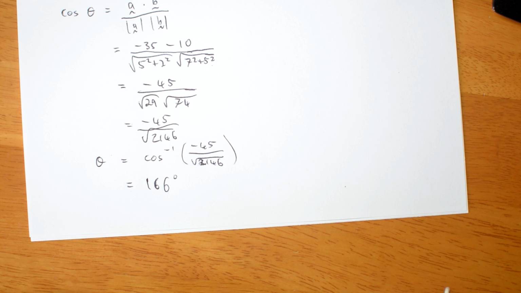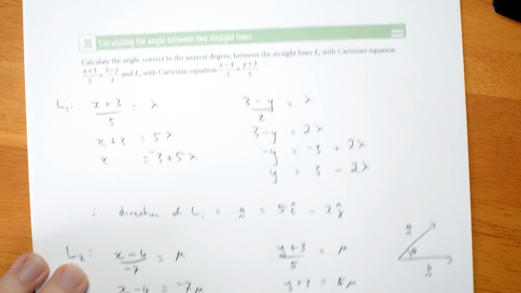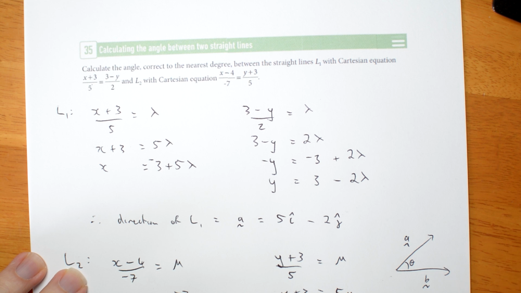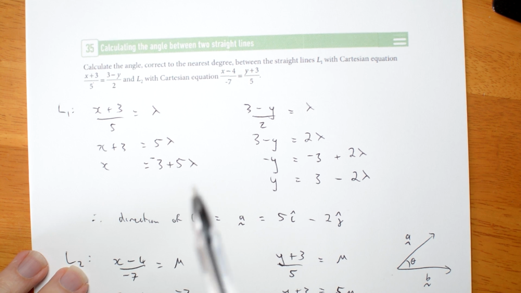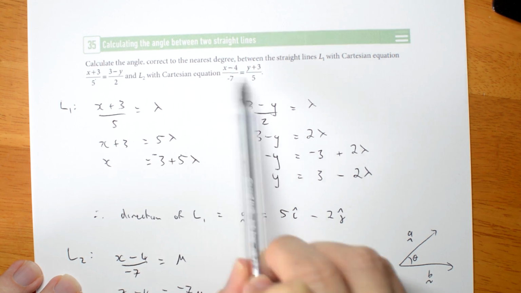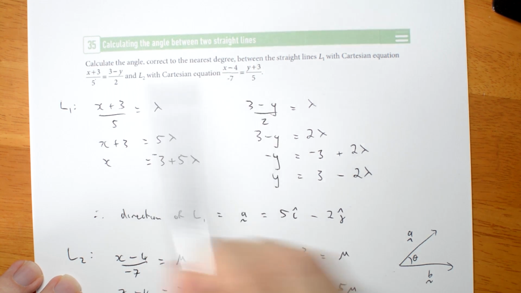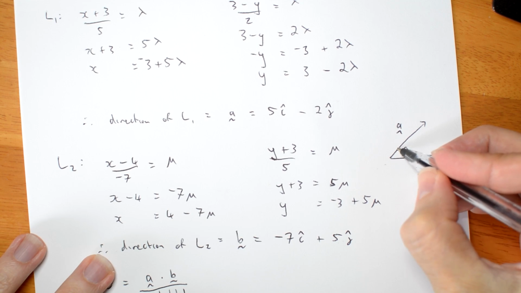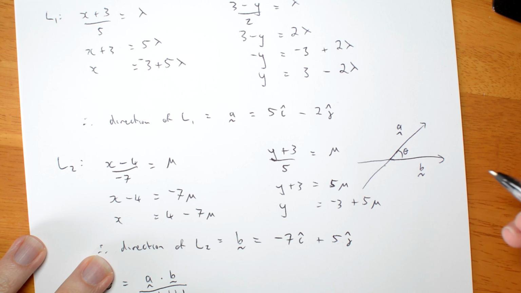Now, the thing is, it asks for the angle between straight lines. Now, your textbook doesn't do this. I assume because they're saying, well, we've given them to you in parametric form, so find me the angle along those vectors. But by convention, these are actually lines.